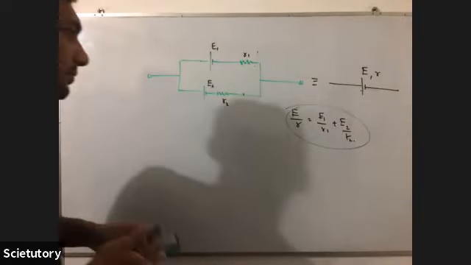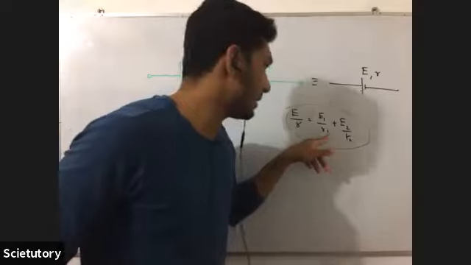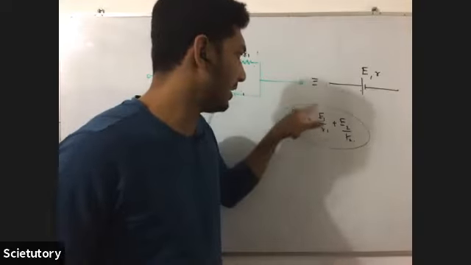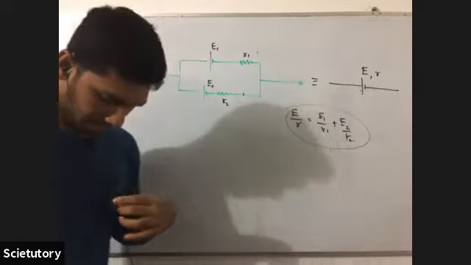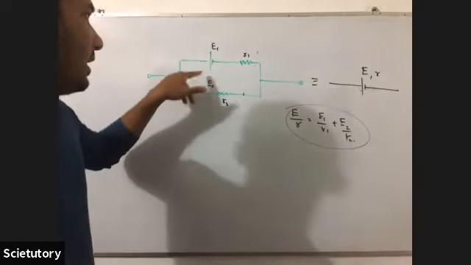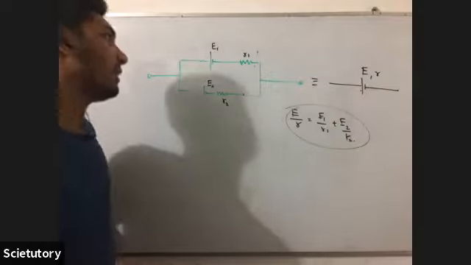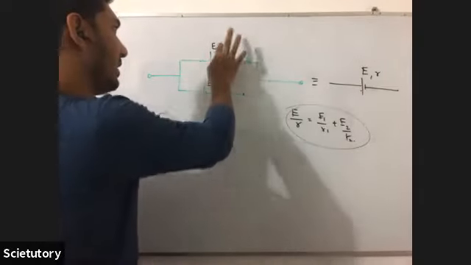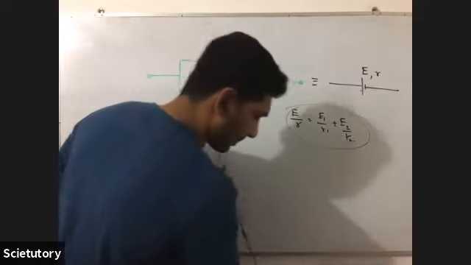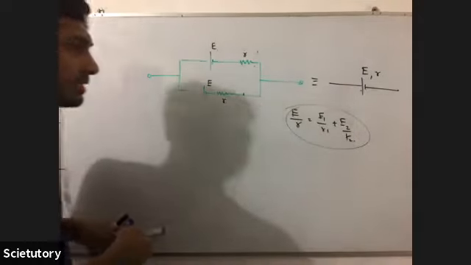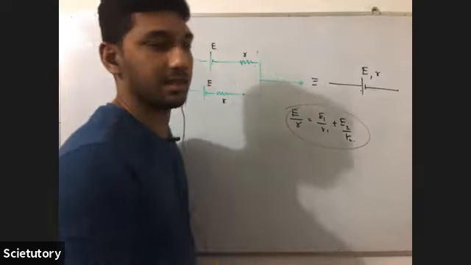So it will be complicated, okay, if they give different E's and different R's. But it's very easy in this question because E1 is E, E2 is also E, equal electromotive forces and equal internal resistances. And there is a relationship for internal resistances also.